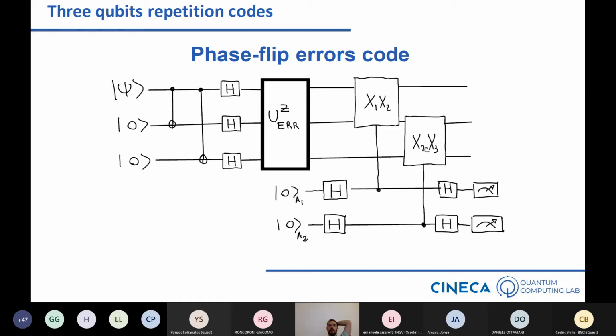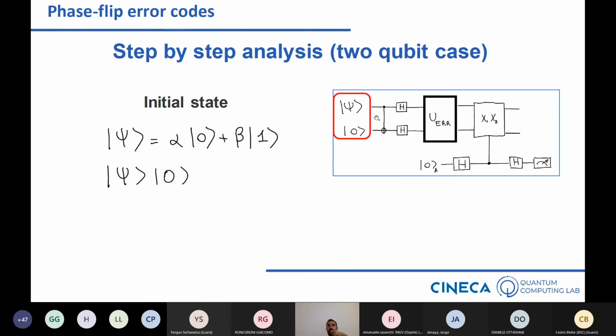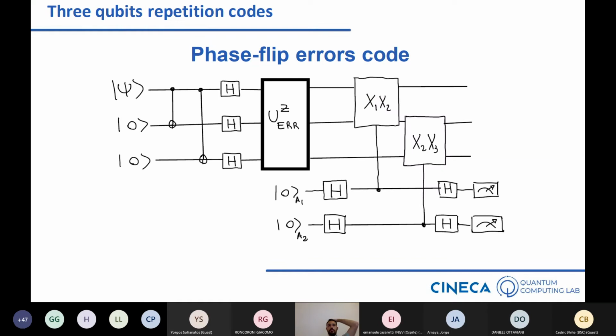So basically it's exactly the same thing except for the encoding, which is different because now we are encoding into plus and minus states. The nice thing about this code is that, like we said before, you acquire information about your state, but you never measure it.